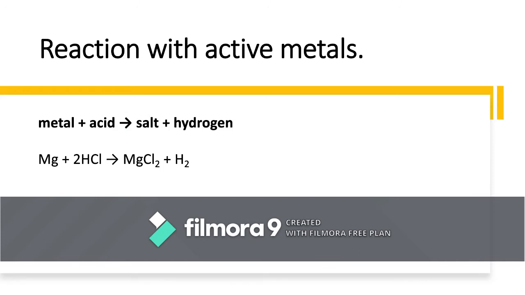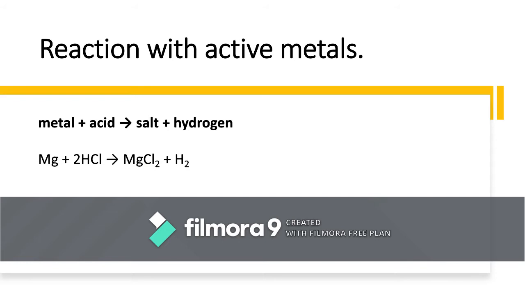reaction with active metals. Now, when we talk about active metal, it is magnesium, zinc, iron, etc., and not sodium, potassium. Those are highly reactive metals. So, whenever you react an active metal with any dilute acid, you always get salt and hydrogen gas.